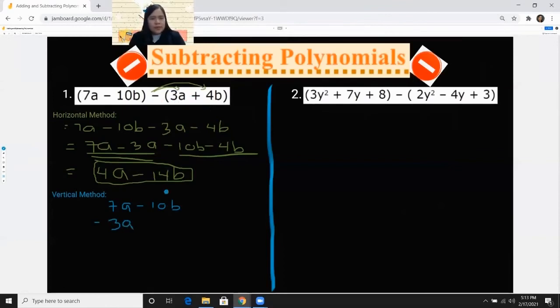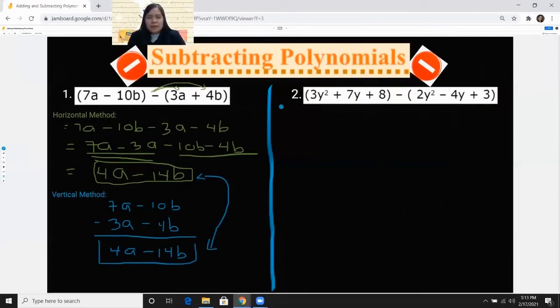And then negative times positive 4, we will have again negative 4b. Then now we can combine them. 7a minus 3a will have positive 4a. And then negative 10b minus 4b will have negative 14b. See, we've got the same answer on the horizontal method and the vertical method. So it's up to you whatever method you want to use or is easier on your part.